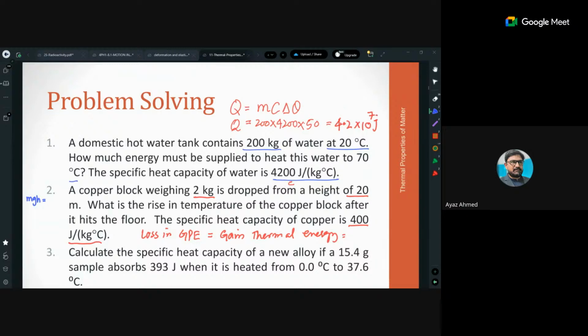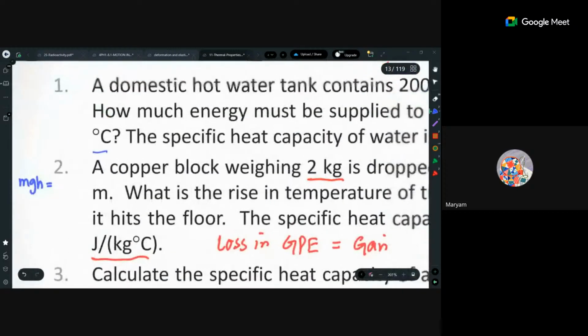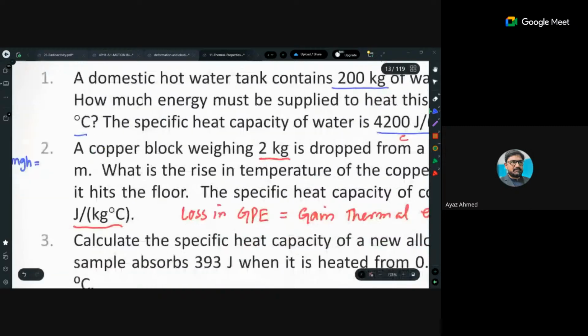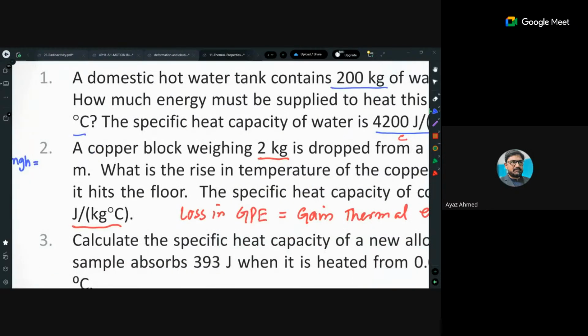I could make this question a bit tricky. Let me add a page, copy that again and solve it for you.